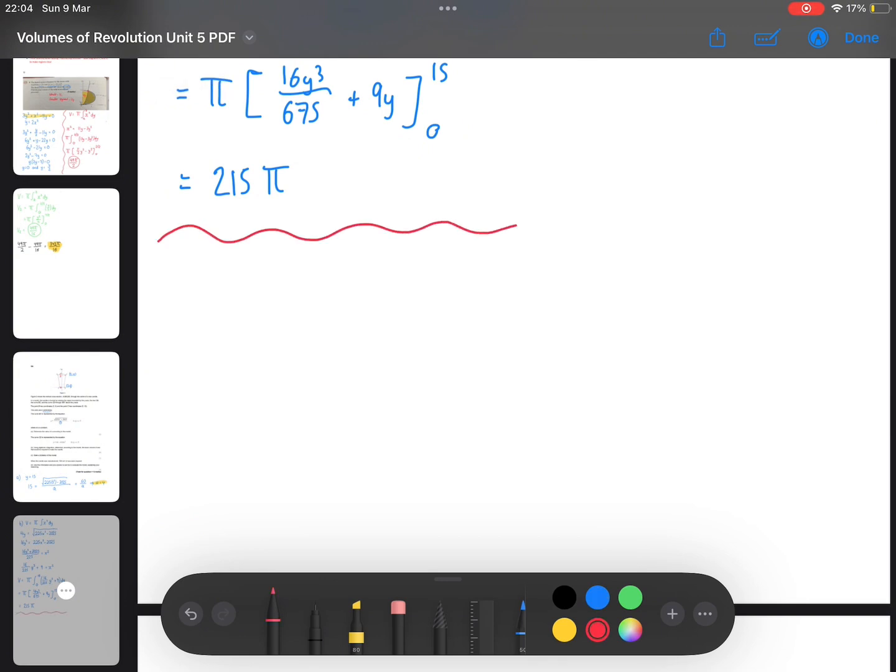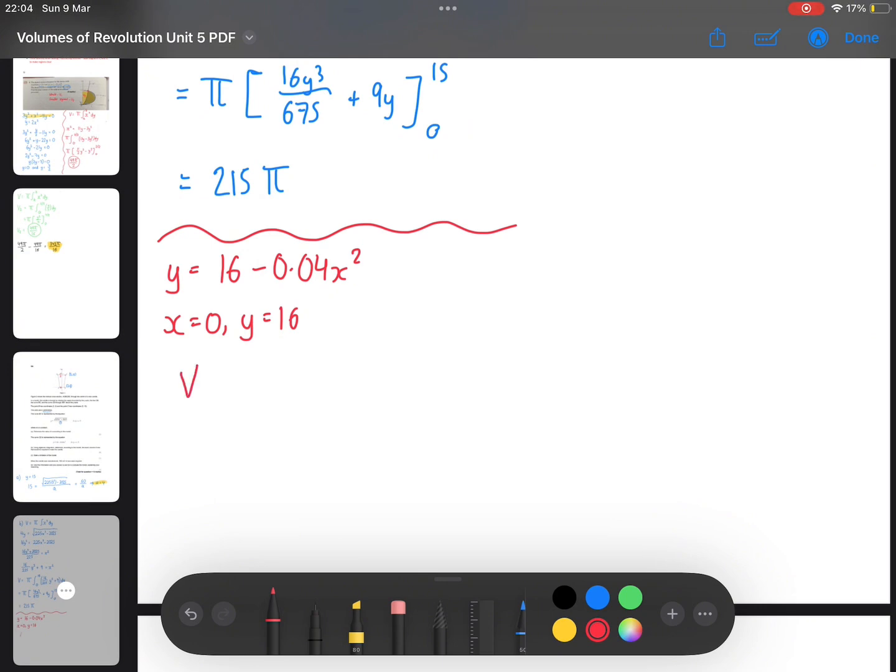So y equals 16 minus 0.04x squared. So when x equals 0, y is 16. So for the second volume, we're integrating between limits of 16 and 15.